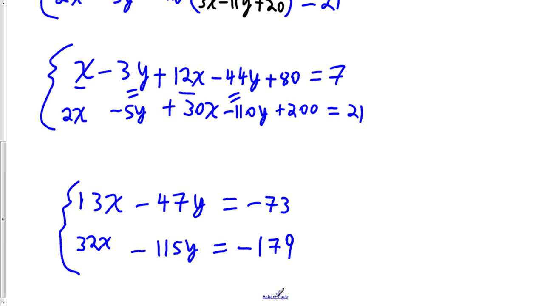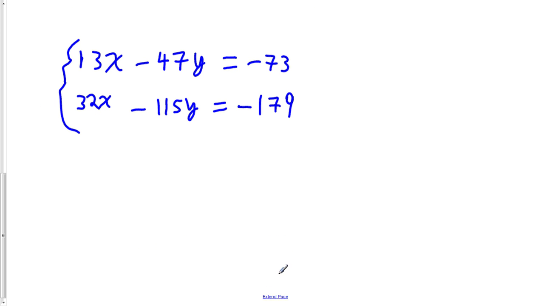Now I'm going to continue here, solving one of these equations for the value of either x or y and plugging it into the other equation. So I'm going to solve this top equation for y.